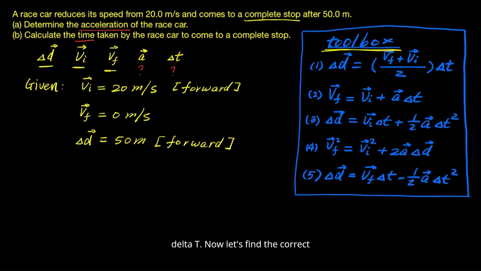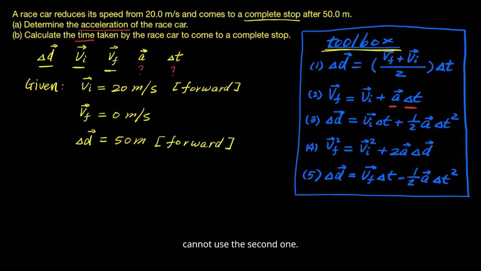Now let's find the correct formula from the toolbox. To solve for the acceleration, we need an equation that includes the acceleration and only the variables we already know. The first formula doesn't contain acceleration at all, so we can't use it. The second formula contains both acceleration and time, but we don't know the time yet, so we cannot solve for two unknowns with a single equation.